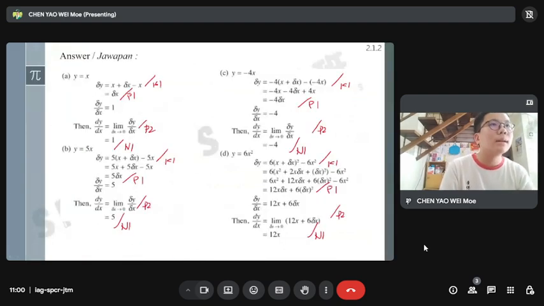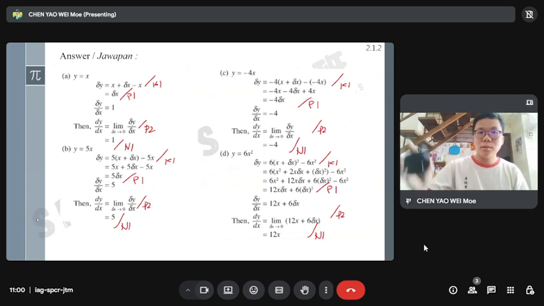So now I make it y plus delta y. The answer will go like this: y equals x. We try to see the answer.